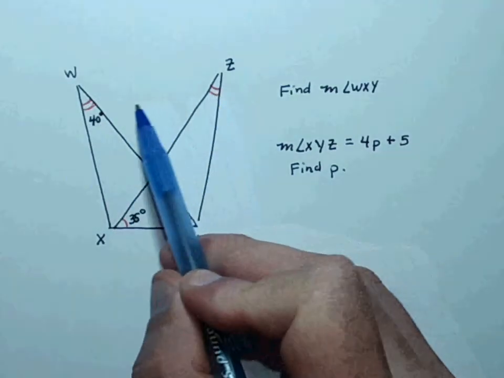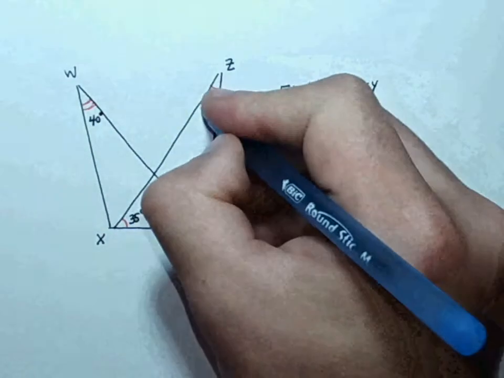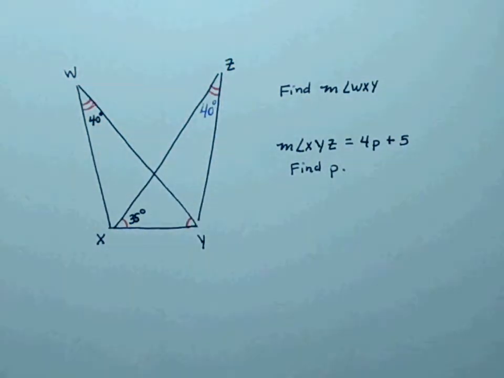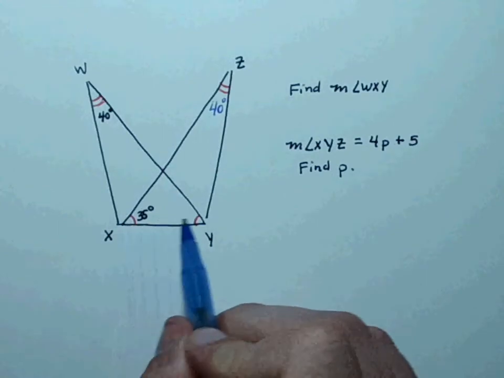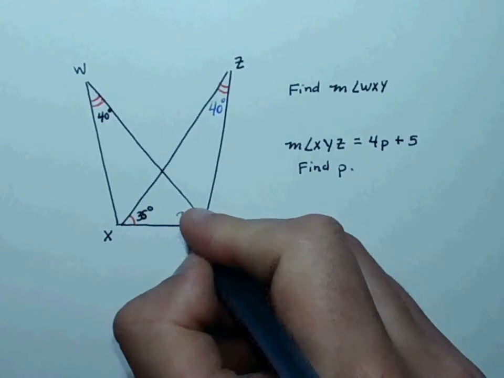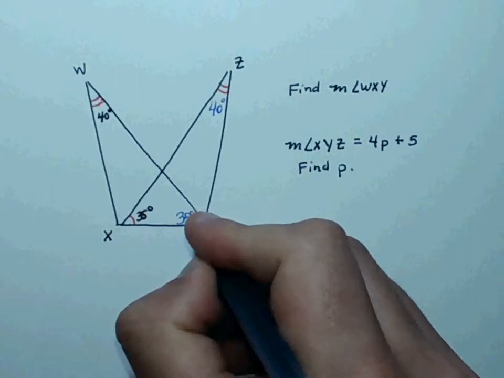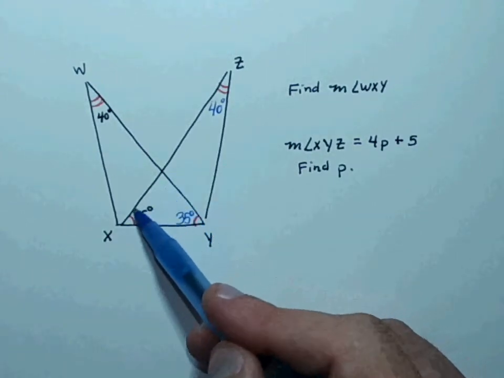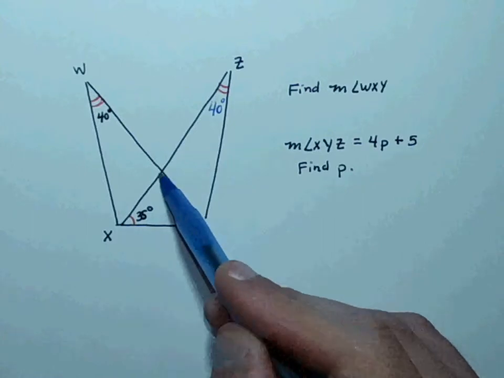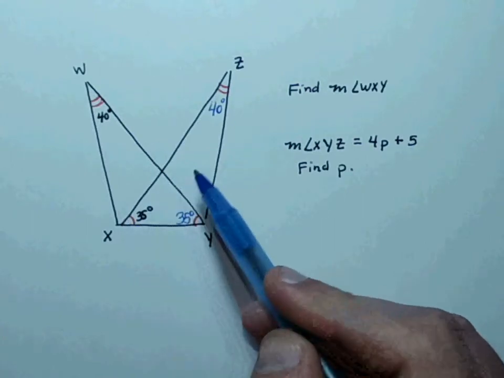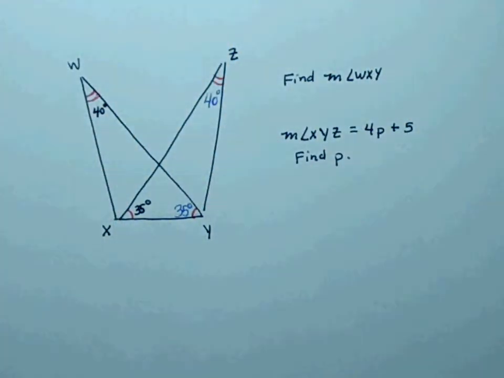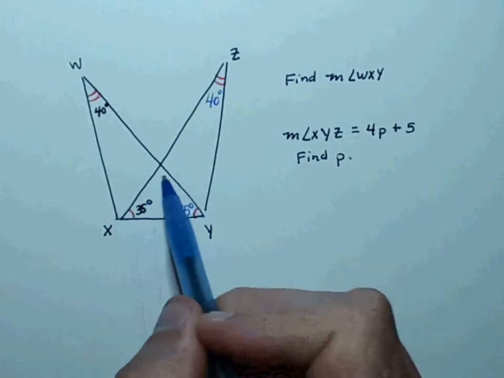All right, so let's look. We know that these two angles are congruent, so we can say that this angle is 40 degrees. We also know that these two angles are congruent, so we can say that that one is 35 degrees. Now, if we just look at this triangle right here, the little one in the middle, and forget about those two, we know that every triangle adds up to 180 degrees.